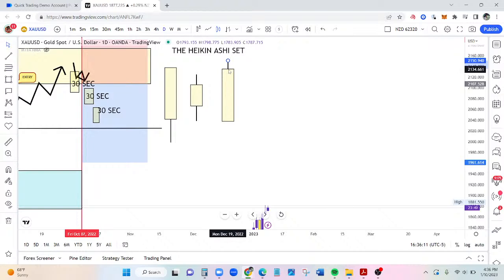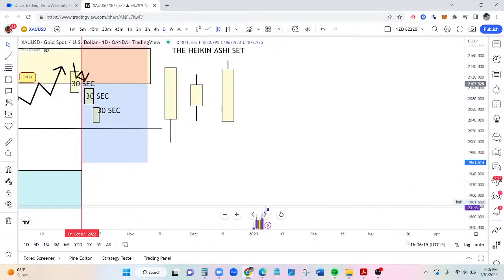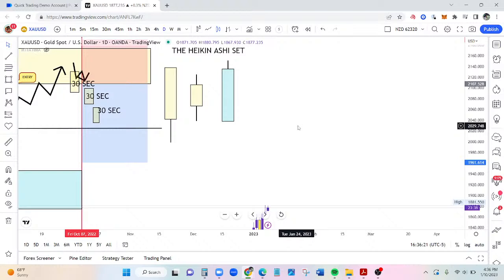I kind of just categorize them into just 3 types of candles: sell candle, indecision candle, and a buy.